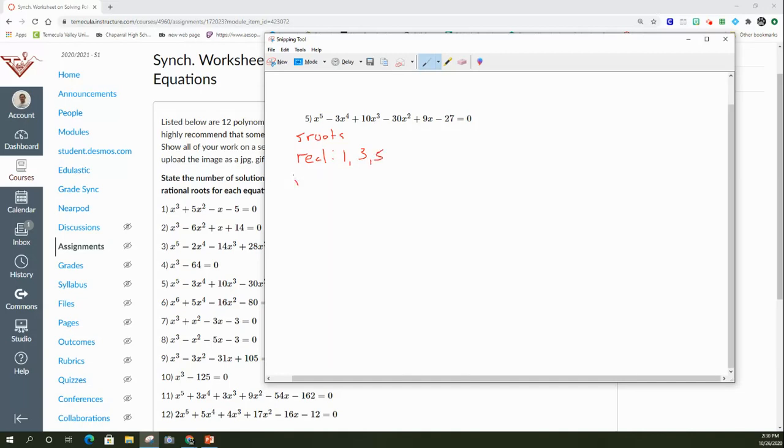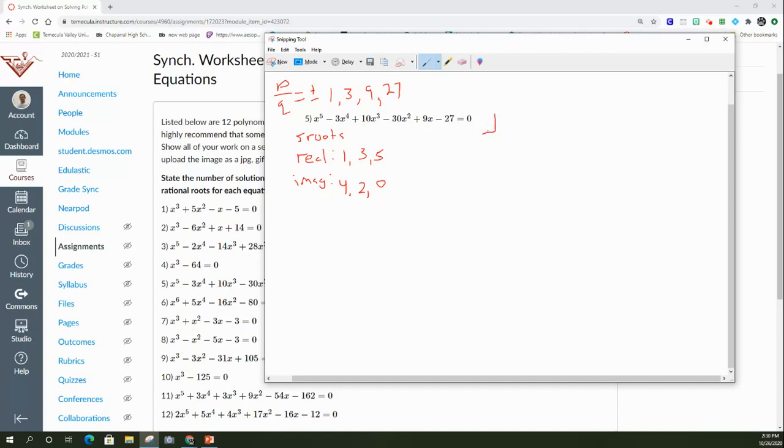For the possible imaginary, if there's 1 real, then there's 4 imaginary. If there's 3 real, there's 2 imaginary. If there's 5 real, there is 0 imaginary. My P over Q's, my possible rational answers, always plus or minus. The factors of 27 are 1, 3, 9, and 27. And Q is 1, so no fractions to worry about.